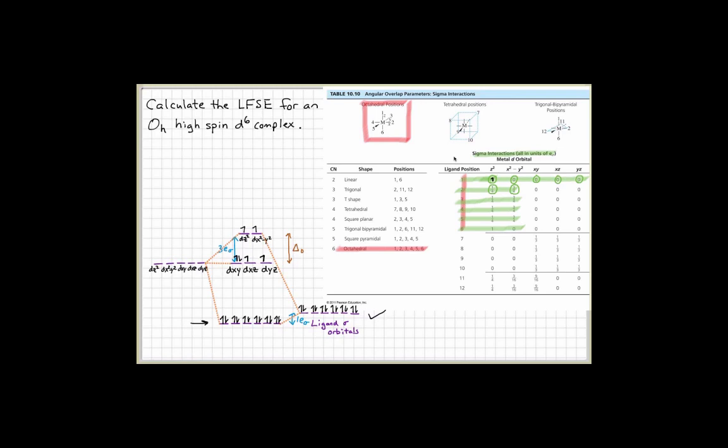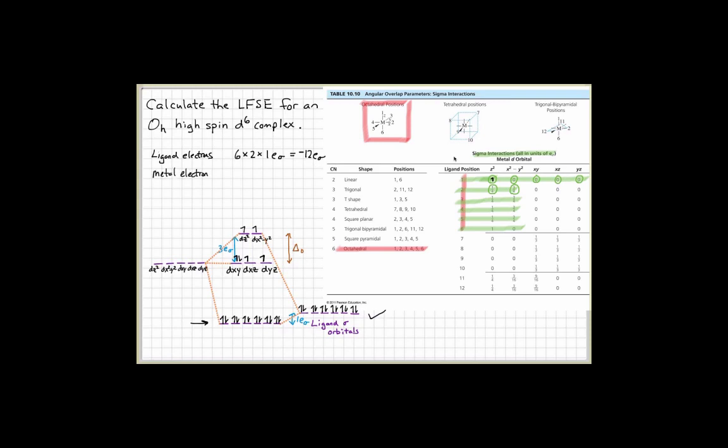So now our contribution to the ligand field stabilization energy is again going to be from our ligand electrons, 6 orbitals, 2 electrons each, 1 unit stabilization, minus 12.